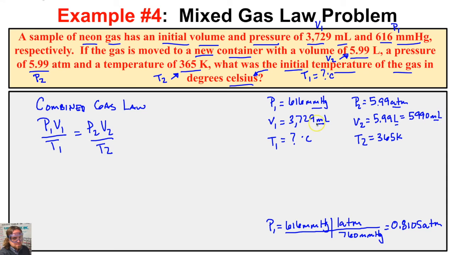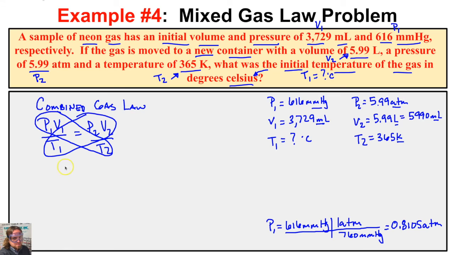So now we have milliliters here and milliliters here. And before we can even plug stuff into our formula, the temperature needs to be in Kelvin, which it is, but our final answer needs to be in degrees Celsius. So once we plug all this stuff into our formula, we'll just have to convert it to Celsius by subtracting 273.